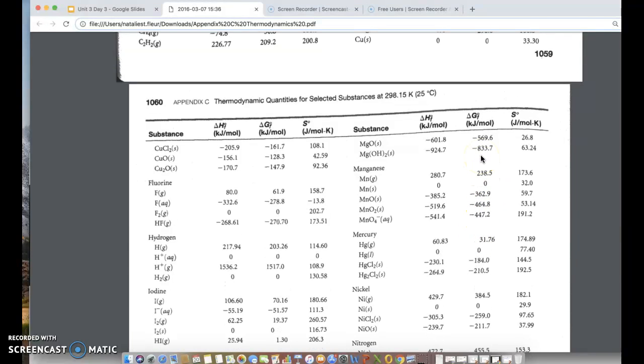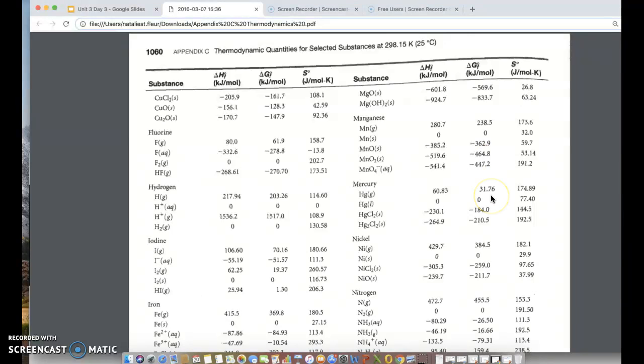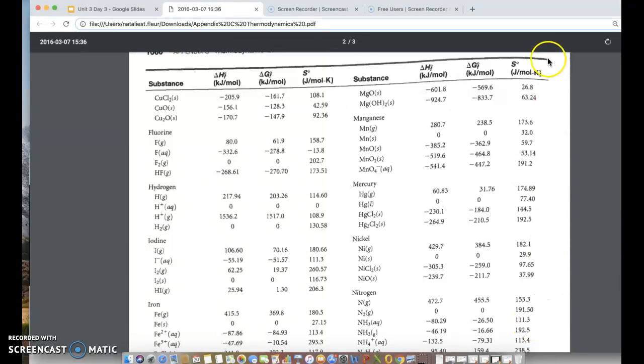So you either scroll back up to the top and make sure, or you are just really careful of knowing the order of it. So, for example, if I was asked, what's the S standard formation for NH3, you'd have to go over to the end here, and that's 111.3 joules per mole Kelvin. So don't forget the units are important. All right, so that's how we read this.